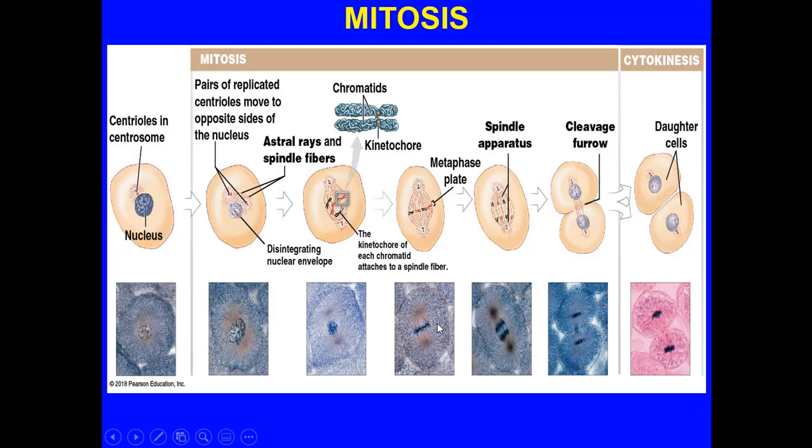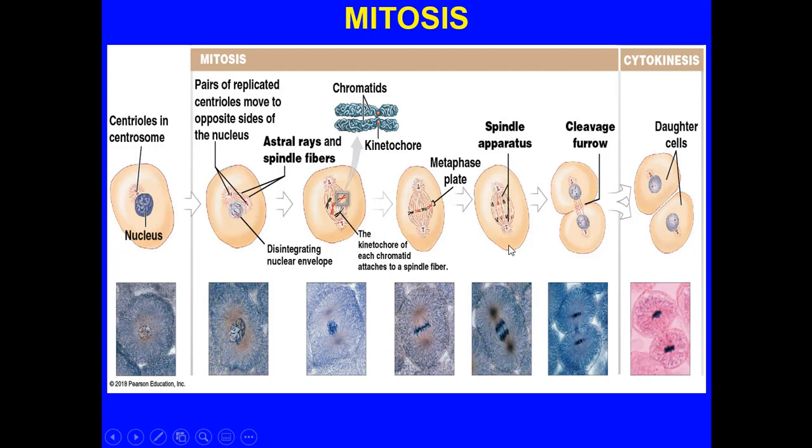The next step, and there are videos that I provide for you to review this, you can see this in time-lapse photography. It's really awesome. When you move into anaphase, the spindle fiber apparatus separates the chromatids, the original and the copy, and they go in different directions. You see how they're kind of bent, almost like forks?